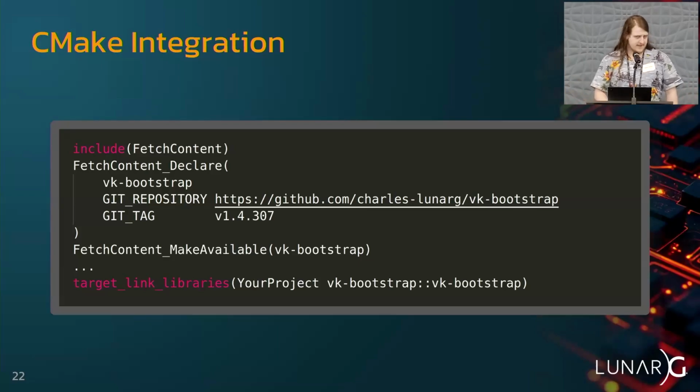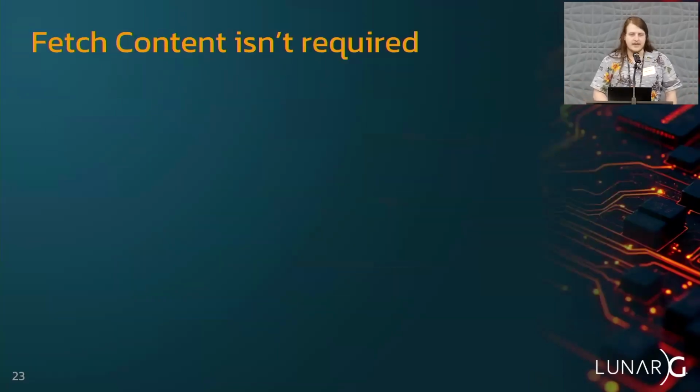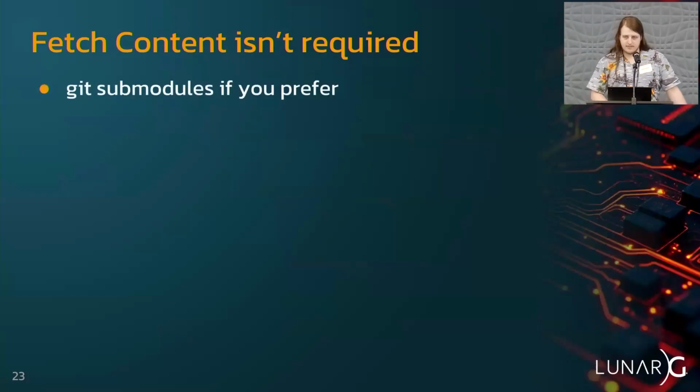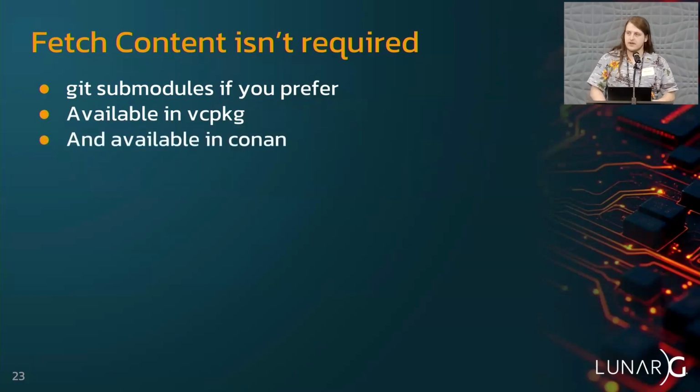But what if FetchContent isn't your thing and you'd rather use Git submodules because you have some ideologic preference for them? That's fine too. It works just the same. If you use vcpkg, it's in vcpkg. If you use Conan, it's in Conan. So all of your pretty standard C++ package acquisition methods are supported and available.